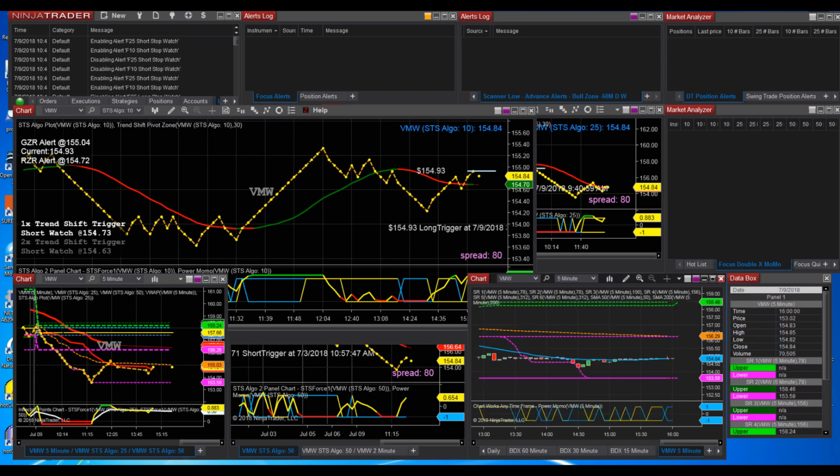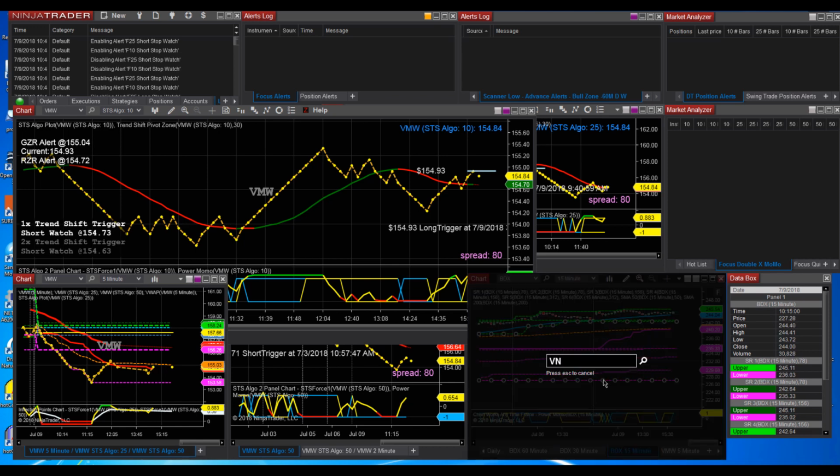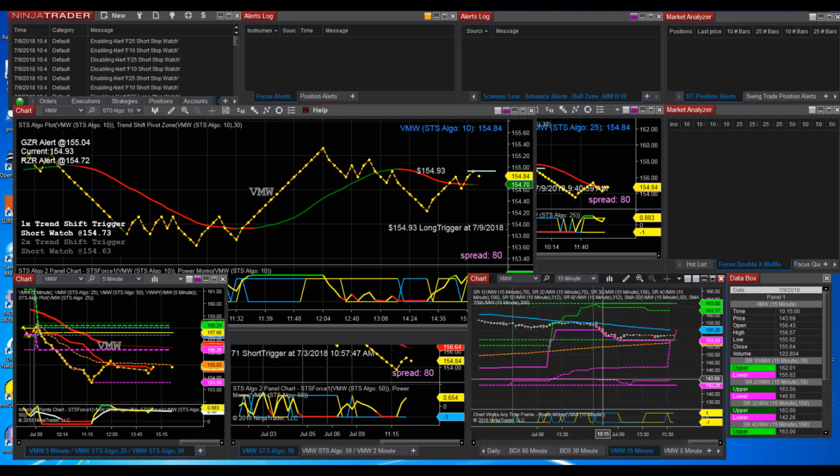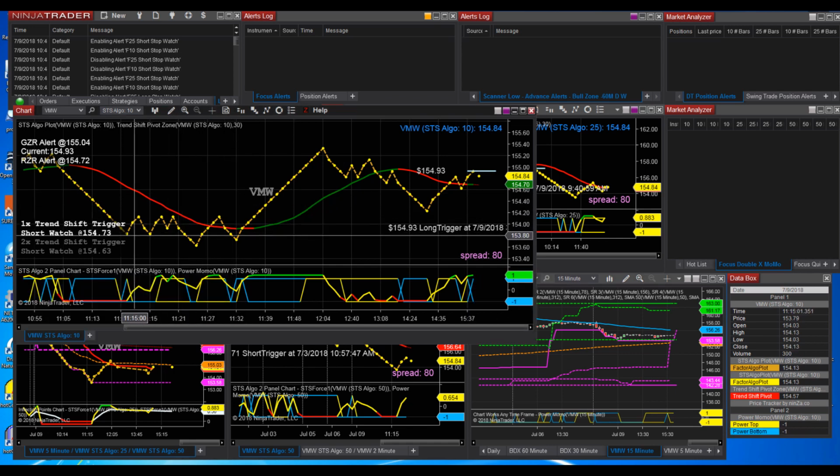and let me see if I can get this to load in here, then I get interested in this trade. We started watching this stock, and we watched this stock from way before right here.